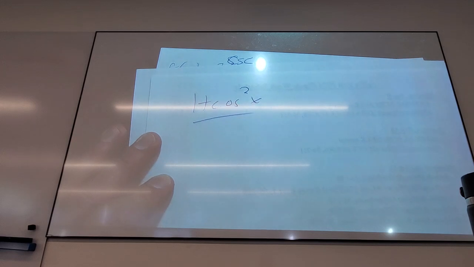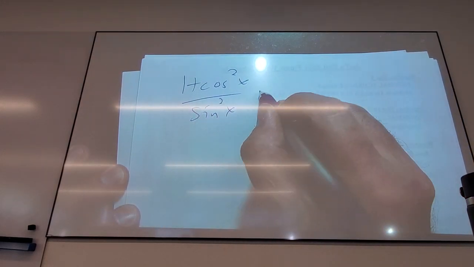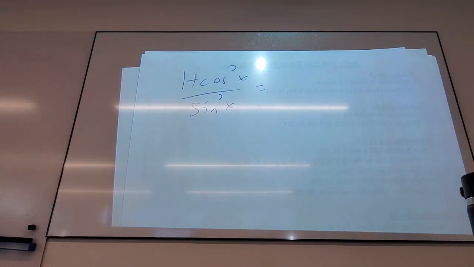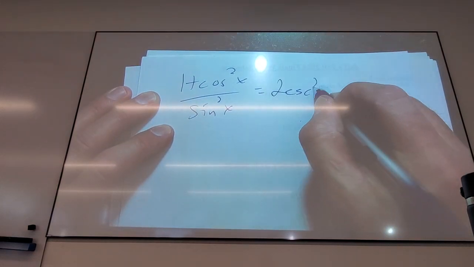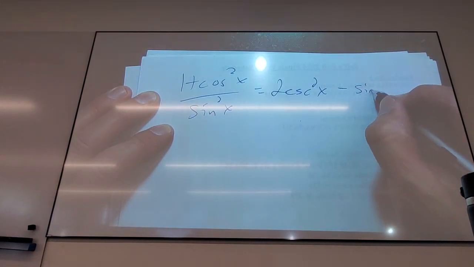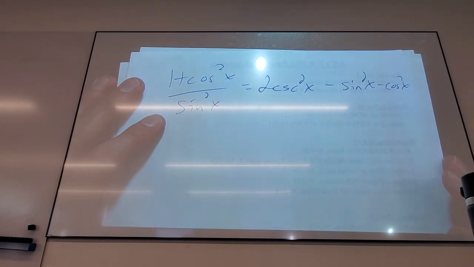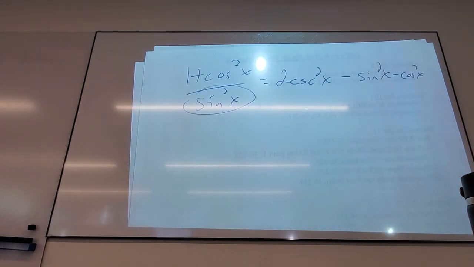Is this right? It equals 2 cosecant squared x minus sine squared x minus cosine squared x over... the bottom's 1 minus cosine squared x. Oh, yeah, sorry.